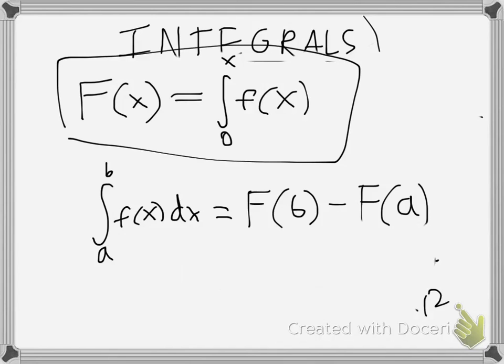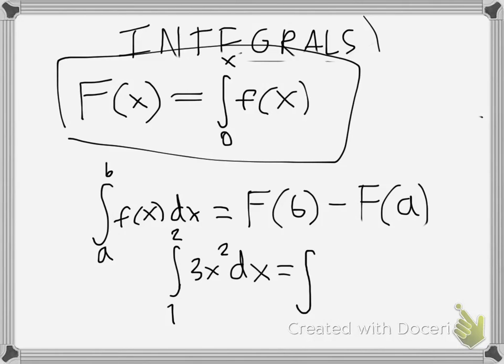Now let's do another example. We're going to take the integral from 1 to 2 of 3x squared dx. So that's going to be equal to the integral from 0 to 2 of 3x squared minus the integral from 0 to 1 of 3x squared.